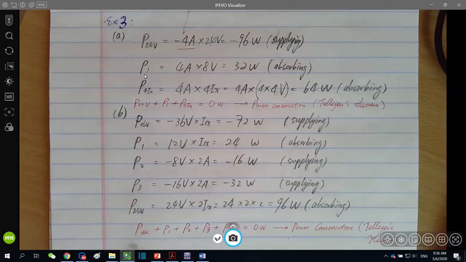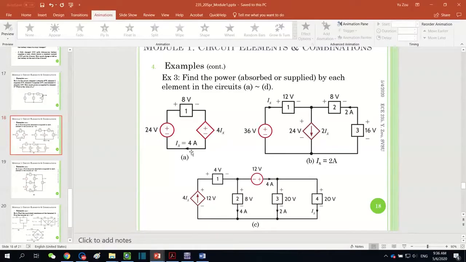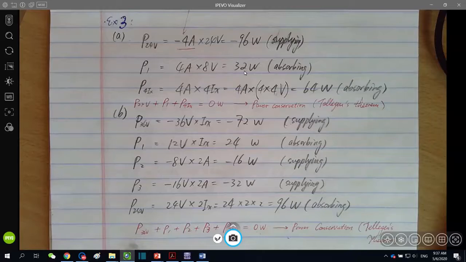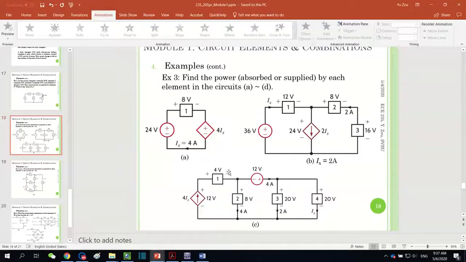Second, element 1 has a voltage of 8 volts, and a 4 ampere current is entering the positive polarity of it, so matching the passive sign convention. We just directly apply 4 amperes times 8 volts, positive 32 watts absorbing power, or say consuming power. The third one, the dependent source. This dependent source is a voltage source due to the sign, the polarity labeled here. And this voltage source's value depends on Ix, which is a current.